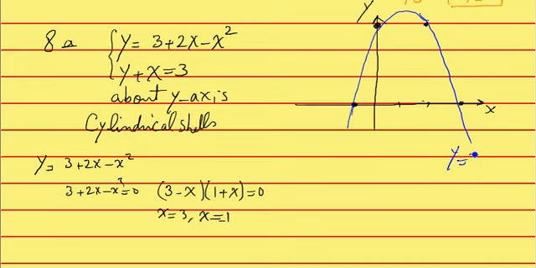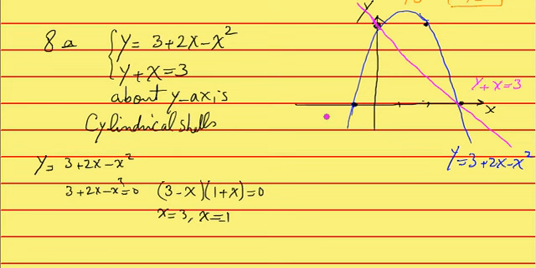This is y equal to 3 plus 2x minus x squared. The other one is easier: y plus x equal to 3. The x and y intercepts of it are just 3, so that line just connects these two conveniently.